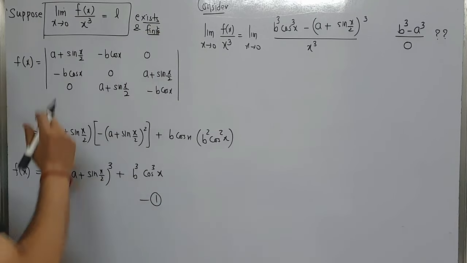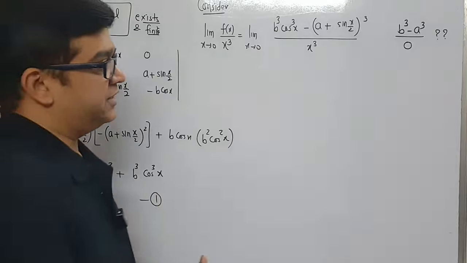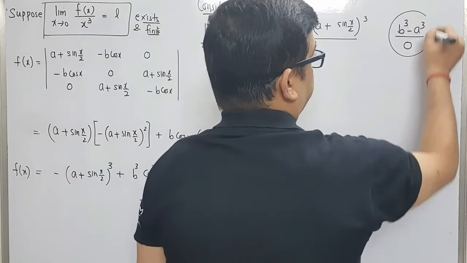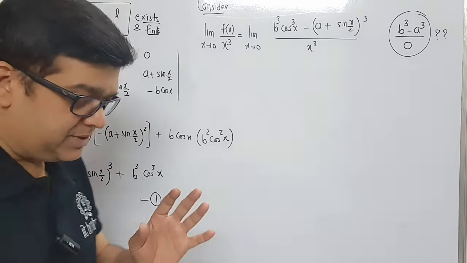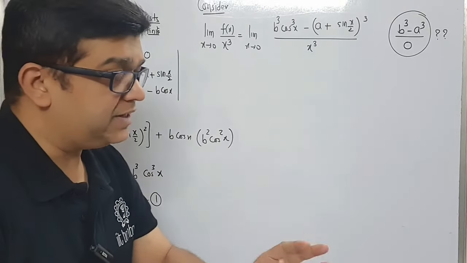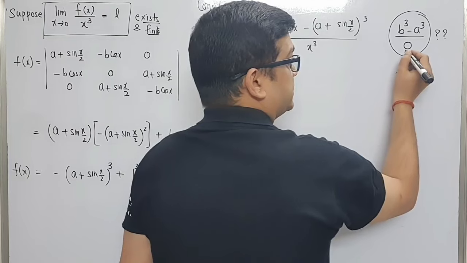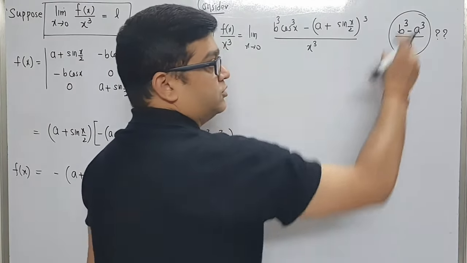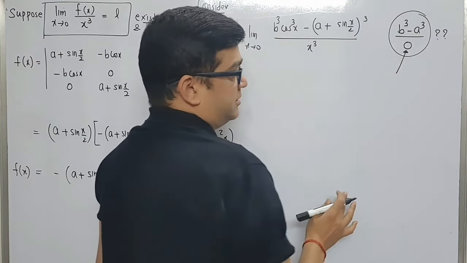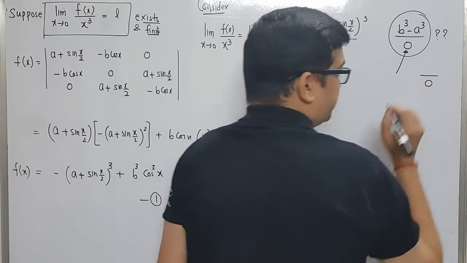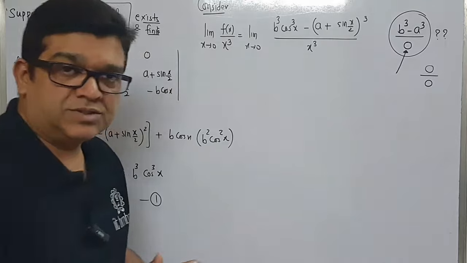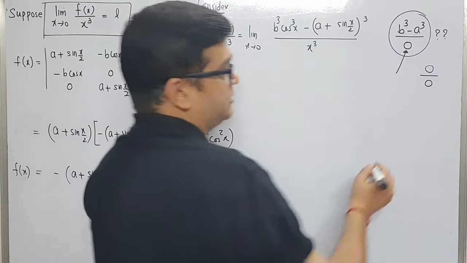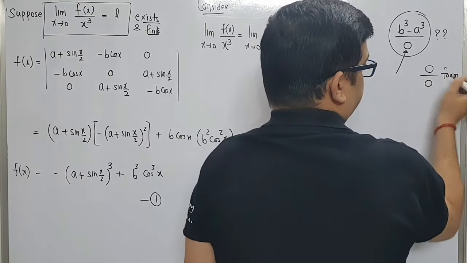So whenever the limit is existing and finite, is this form acceptable? Since the denominator is 0, this particular form is not acceptable. What is the acceptable form? If the denominator is 0, the numerator must be 0 and the limit has to be in the 0 by 0 form.